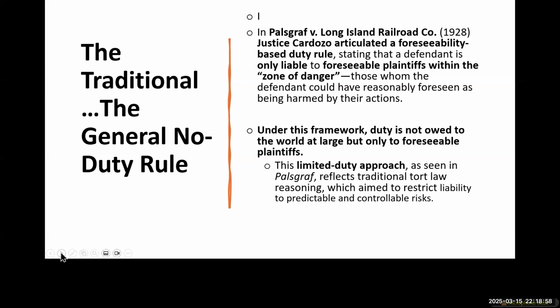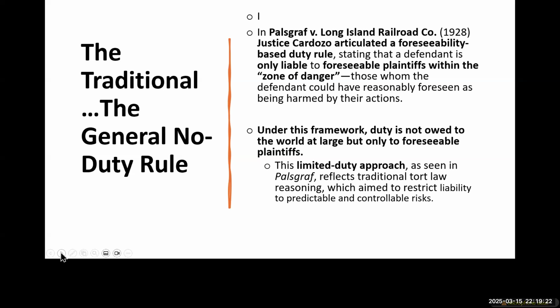We call it zone of danger. Cardozo called it orbit of danger. That is a term of art. If you're being asked a negligence question where you're being given the opportunity to address the issue of duty, they're looking for that language. Foreseeable plaintiffs, zone or orbit of danger, okay?